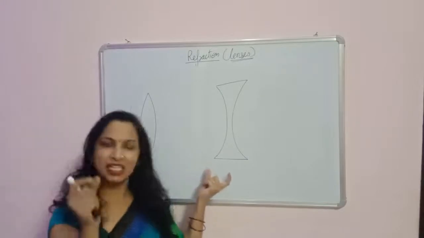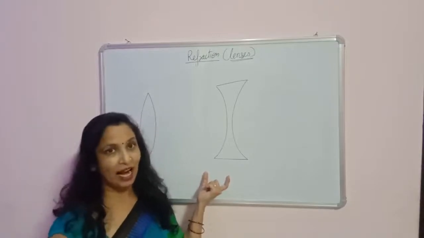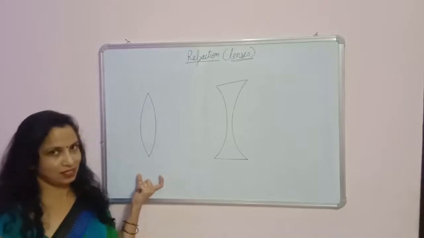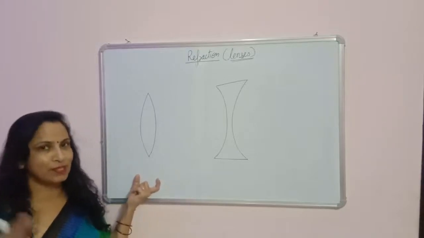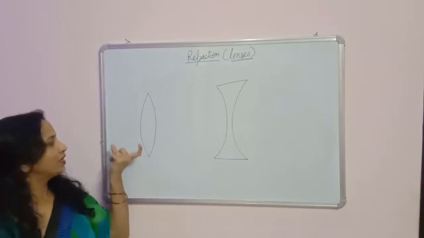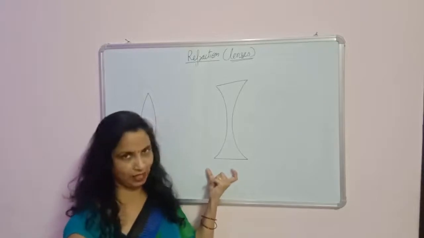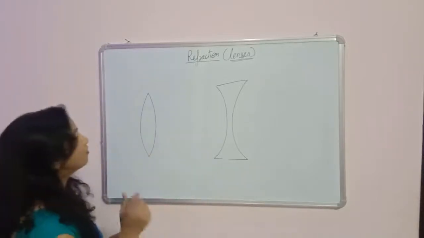And the lens which is thinner in the middle and thicker at the edges is called the concave lens. These lenses are made of glass. You know the glass is a denser medium as compared to the air. That's the reason this lens converges the beam of light and this lens diverges the beam of light.